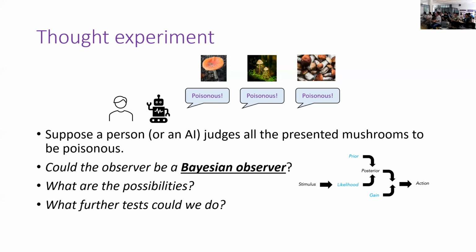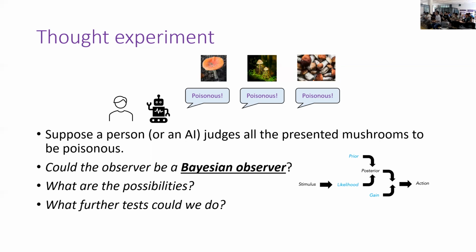Any thoughts on the basil side? A lot of people like mushrooms. Okay. Actually, of course, the observer could well be non-Bayesian, and just produce some nonsense responses.